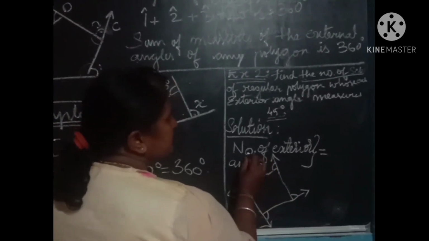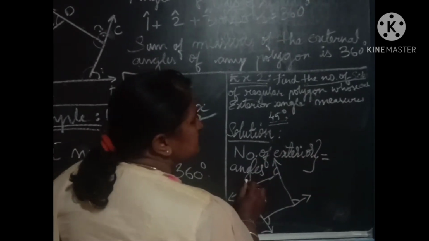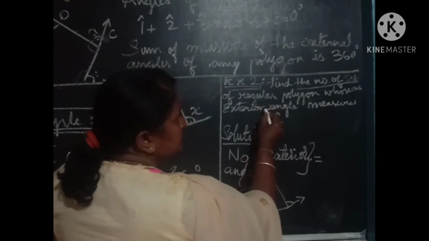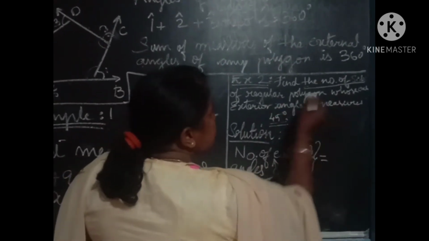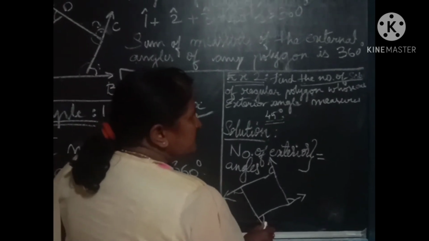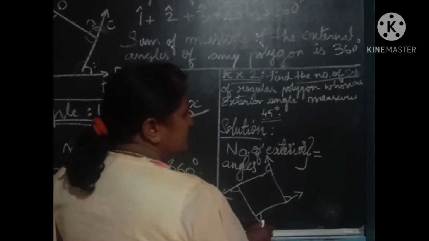So therefore we can write number of exterior angles is nothing but number of sides. What have they given? Each exterior angle measures 45 degrees. Then find out the number of sides.